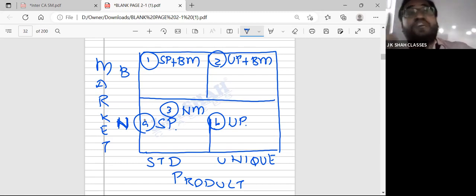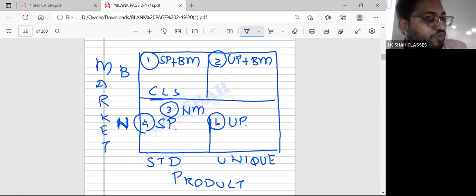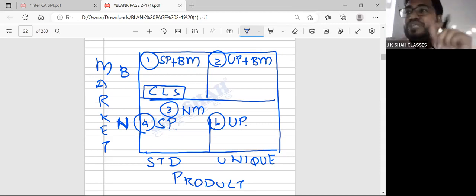So what is the first strategy? If you are selling standardized product in a broad market, you will fall under this first category. If you fall under this first category, you will follow cost leadership strategy. You understood what is cost leadership strategy?